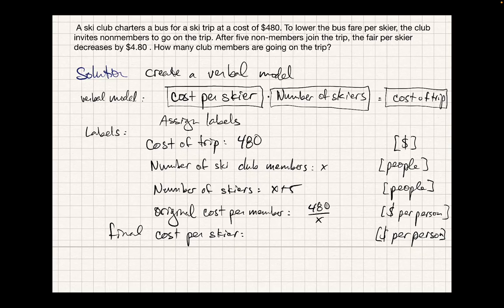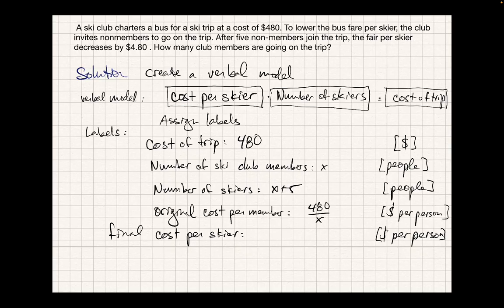So my original cost per person was 480 over X, and then we saw a decrease by $4.80. So it'd be 480 over X minus 4.80.